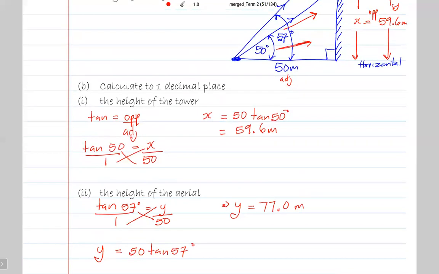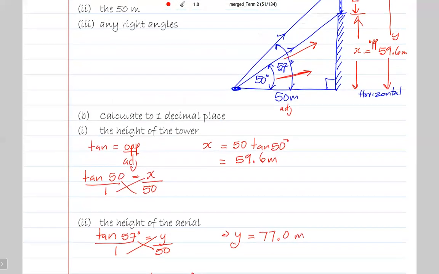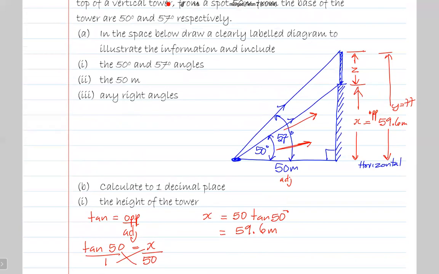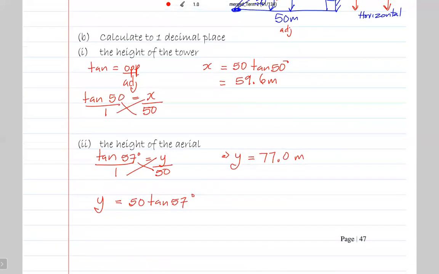All right, so this height here is 77. So the entire thing, which is the tower plus the aerial, is 77. The tower is only 59.6. So it means, therefore, that the height of the aerial, Z, is equal to 77 minus 59.6.